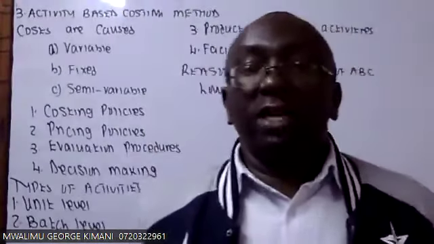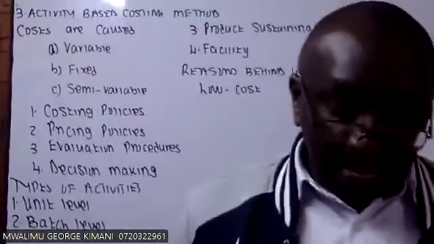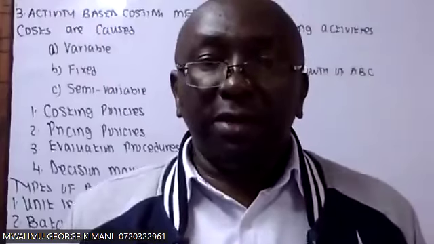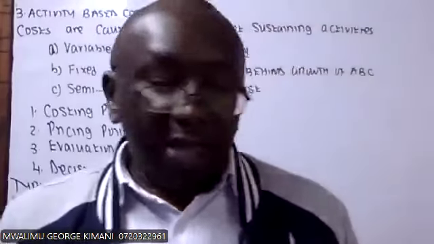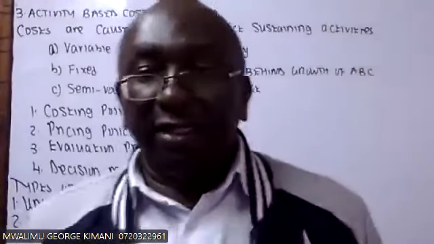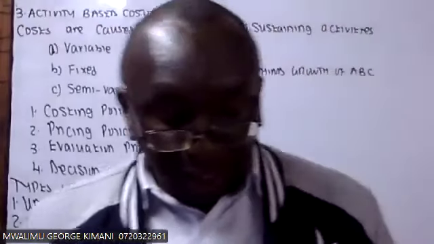So those are some of the reasons why ABC is becoming popular, that there is need for the problems that have been identified with marginal and absorption to be rectified. And ABC has come in to rectify.